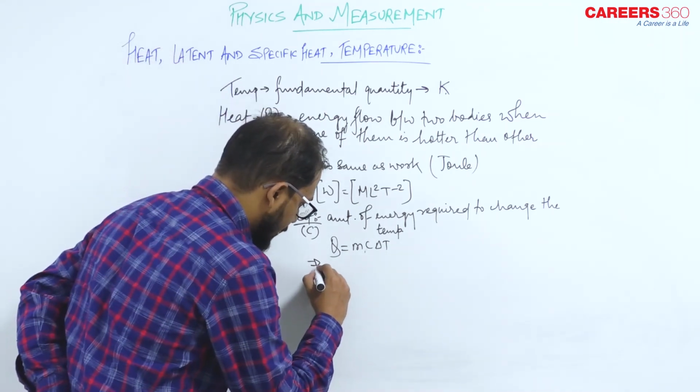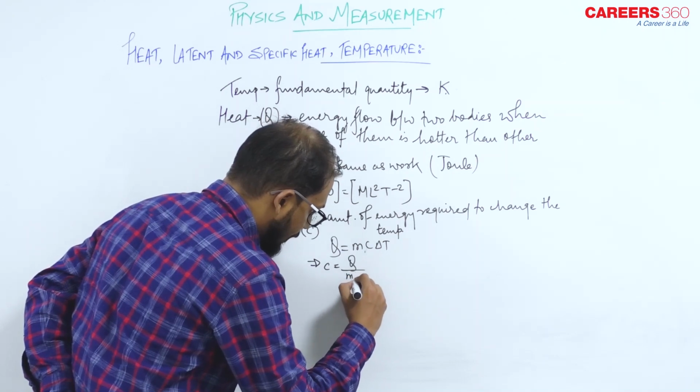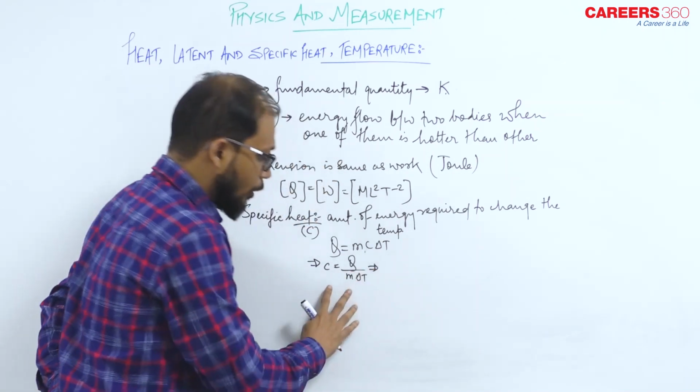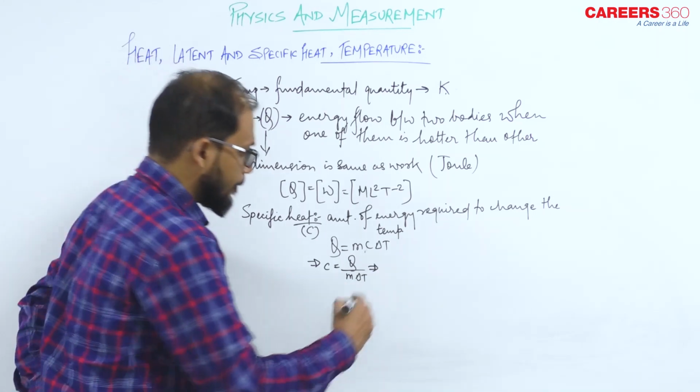From here we can write C = Q / (m ΔT), and from this formula we can calculate the dimension of C.